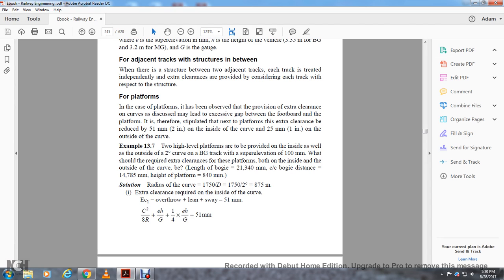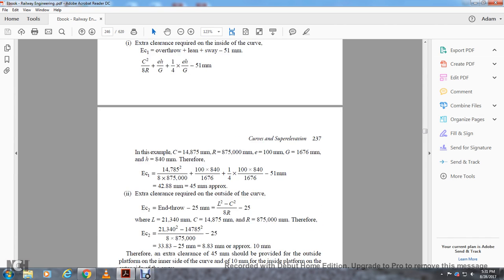Extra clearance required on the inside of the curve. EC1 equals overthrow plus lean plus sway minus 51 millimeters, which is C squared over 8R plus EH over G plus 1/4 times EH over G minus 51 millimeters. Here C is 14,785 millimeters, R is 875,000 millimeters, E is 100 millimeters, G is 1,676 millimeters, and H is 840 millimeters.